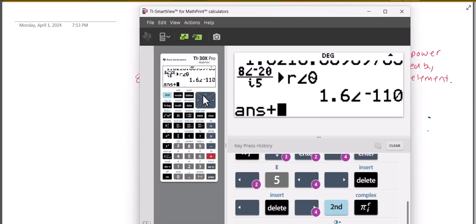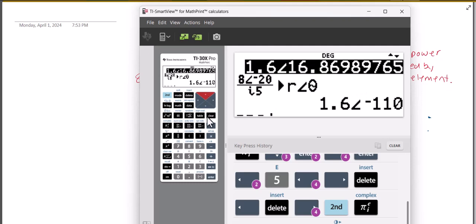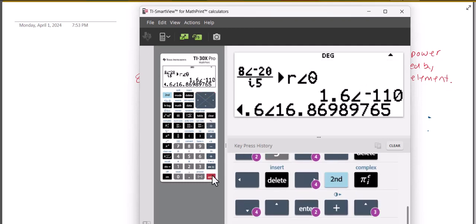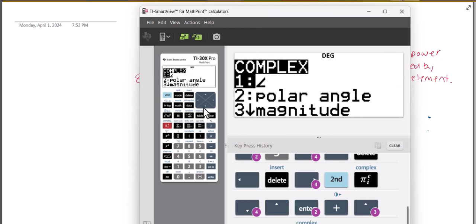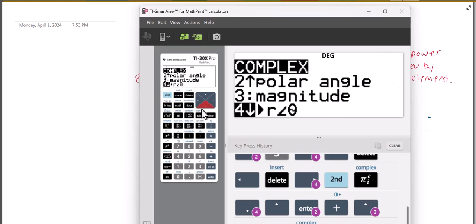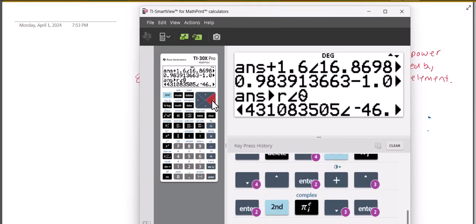So I will just take that plus that, and I'll change it to polar. So 1.43 angle negative 46.57.